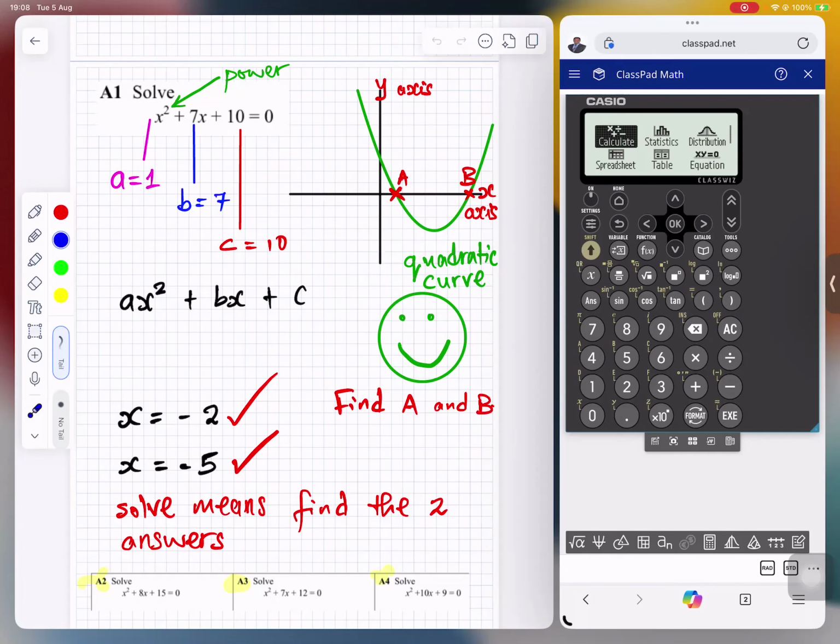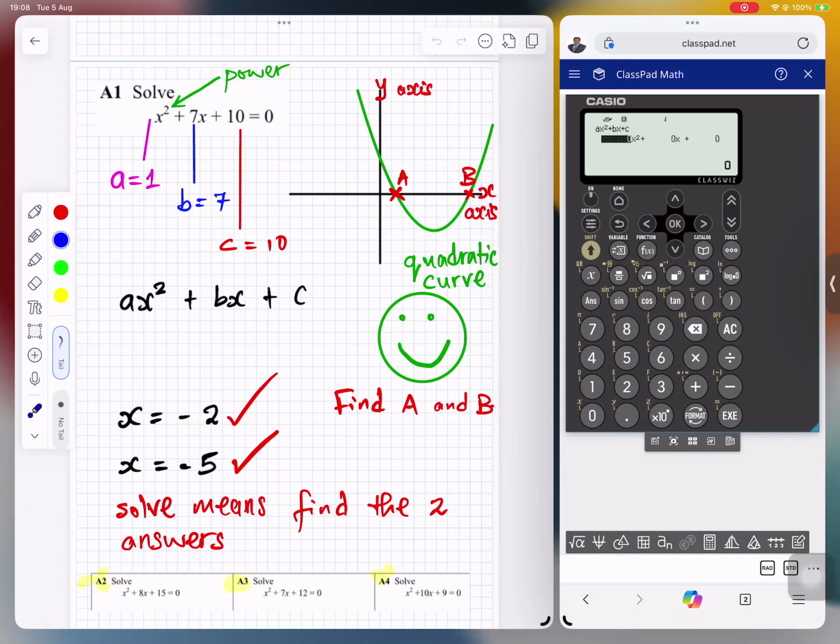So I choose equation. I'll move this all the way to equation and click OK. And then I want to solve a polynomial. Polynomial is the kind of equation you want to solve. So I'll click OK. And then the first one, quadratics. I'll click OK.